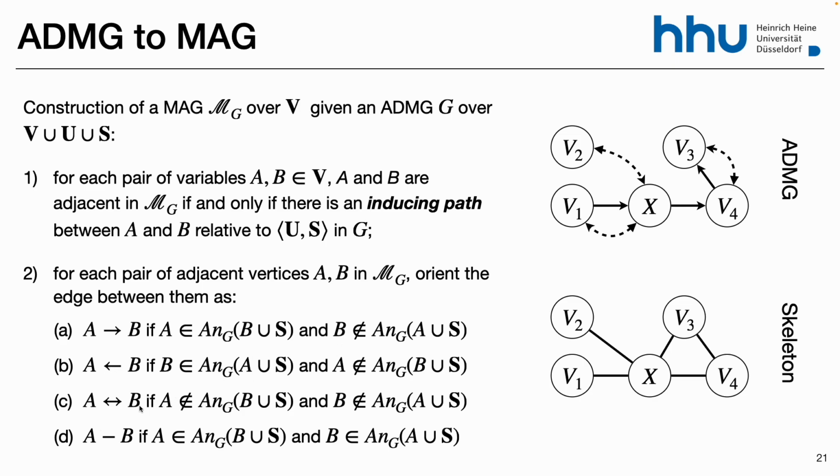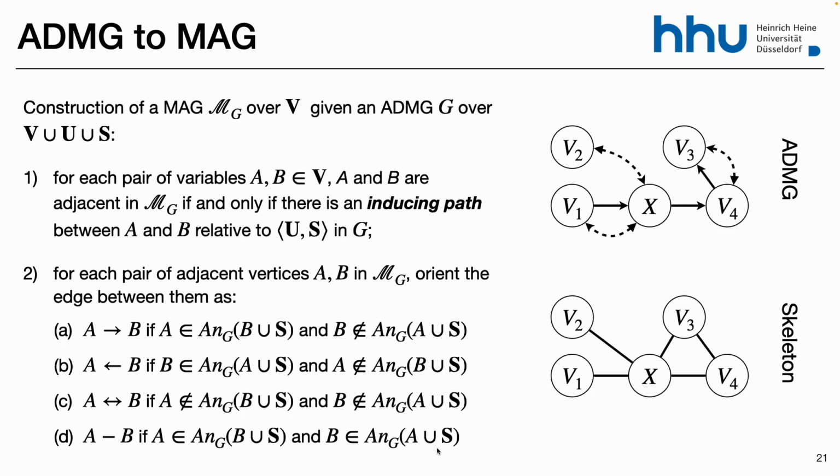For A and B with two arrowheads, it's a bidirected edge because A is a non-ancestor of B or S, and B is a non-ancestor of A or S. The undirected edge is because A is an ancestor of B or S, and B is an ancestor of A or S. So remember, tail means ancestor, and no arrowhead means non-ancestor.